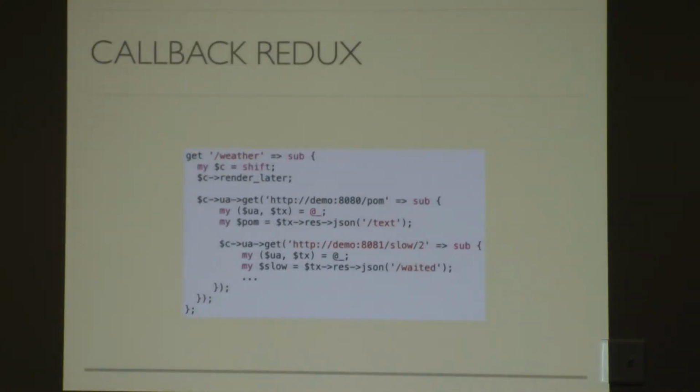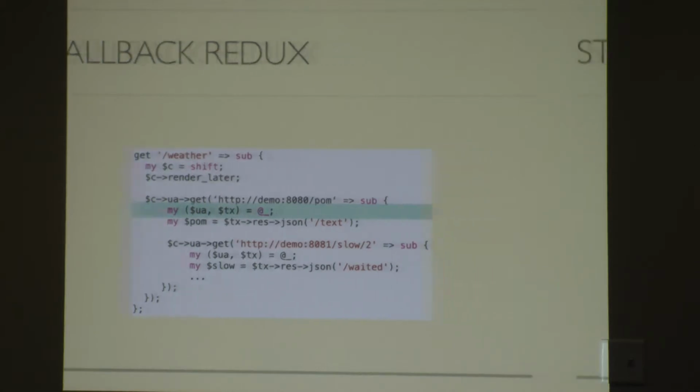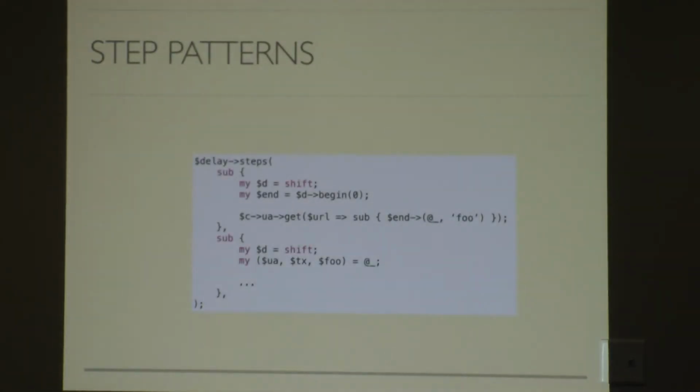So here is our callback. If you'll notice there, that first user agent get has a callback, and it receives a copy of the user agent object, and a transaction object. So we're going to make use of that here. This is what we would do in steps. We make a step callback.